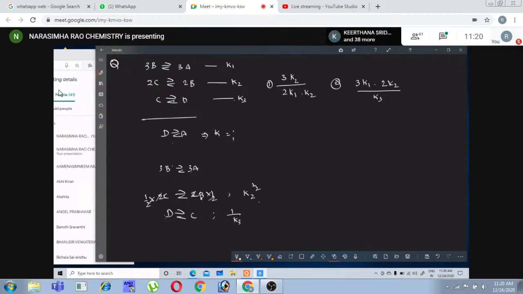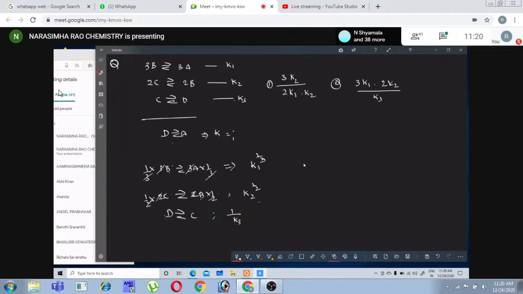To get this equation, B should come, so we multiply by 1/3. Now 3 cancel, 3 cancel, B is equal to B. As the K1 value is multiplied with 1/3, the whole power is 1/3.